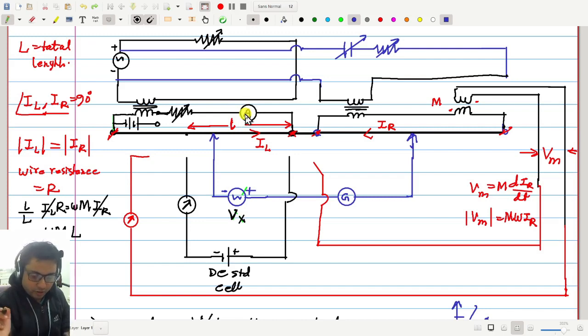So here we are relying only on which things? The accuracy of the voltage of this DC cell, the uniformity of these two wires, and this air core transformer, the accuracy of the value of M. These are the only things we depend on.